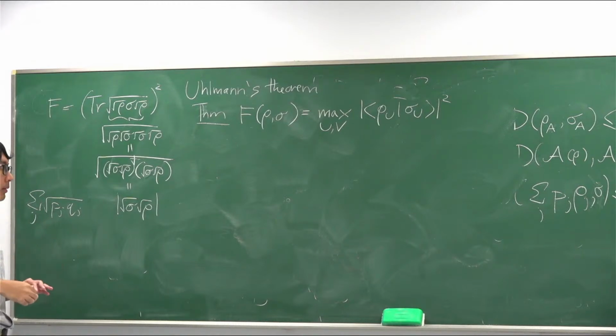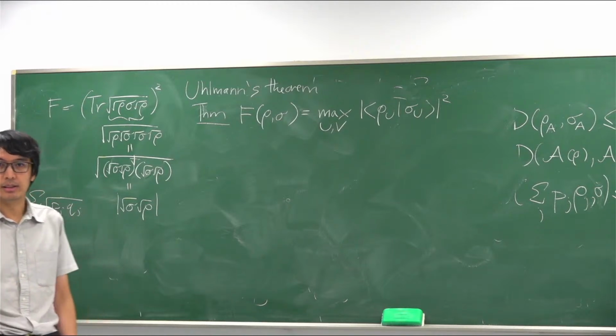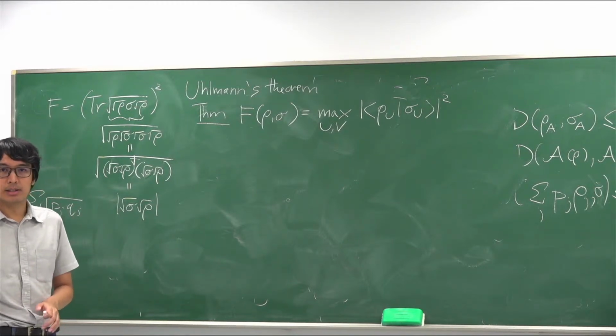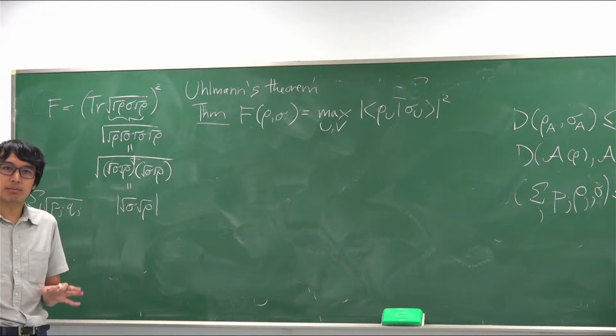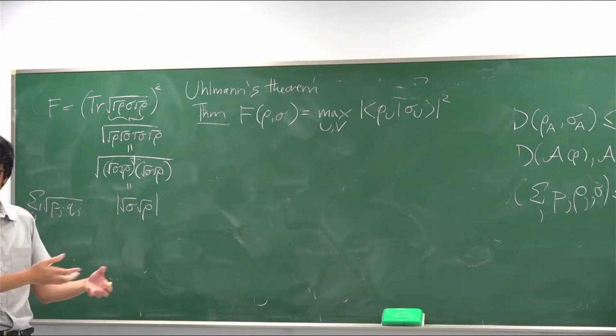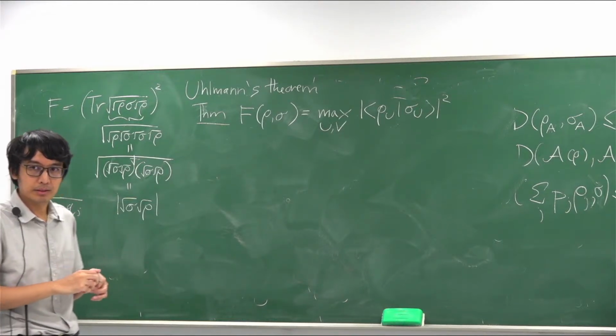But there's a lot of freedom: for example, you can apply any unitary on the ancillary system, and the state you get will still be a purification of the same density matrix, because applying a unitary on the other system doesn't change anything about your system.